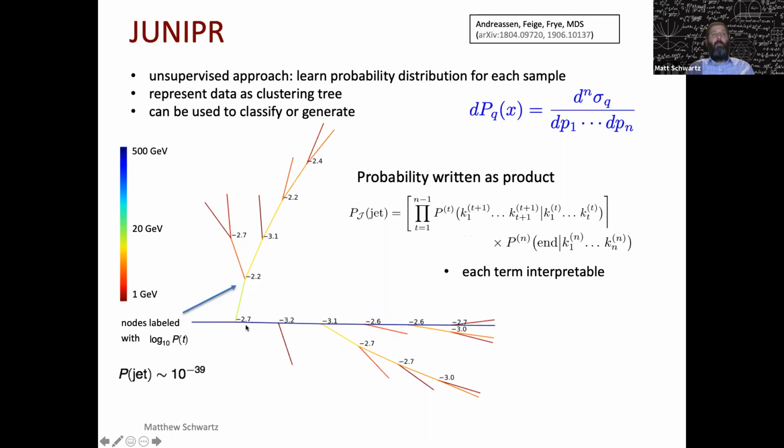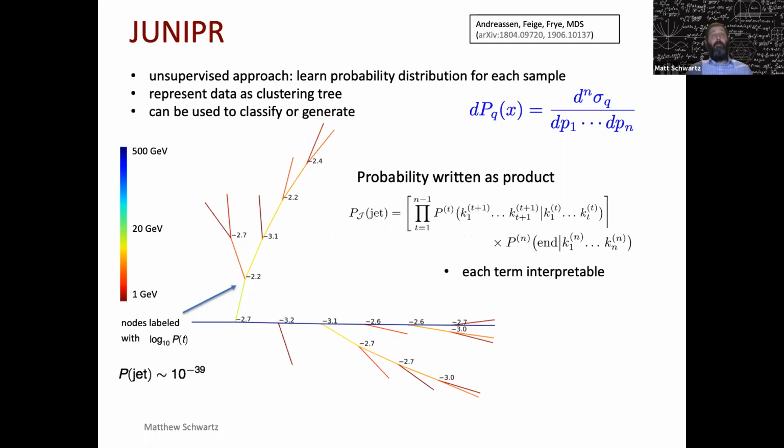And then at each node of the binary tree, you can evaluate the relative probability comparing over an ensemble of trees for a certain branching as a function of distance along the tree. These numbers are the log base 10 of the probability. So this is 10 to the minus 3 and so on for this particular structure. And the color represents how hard the particle is in the jet.